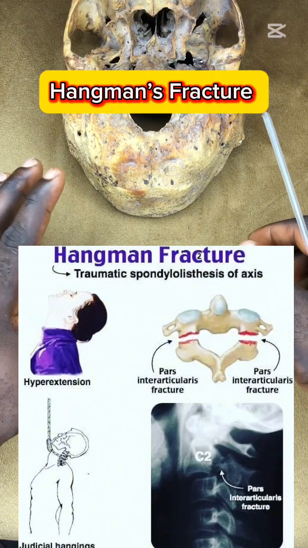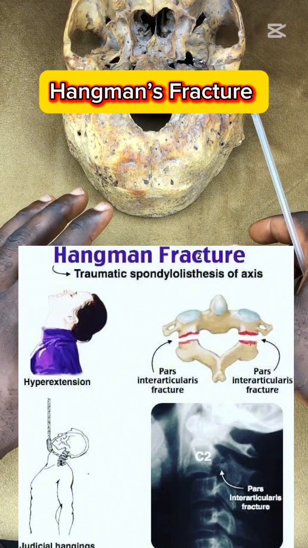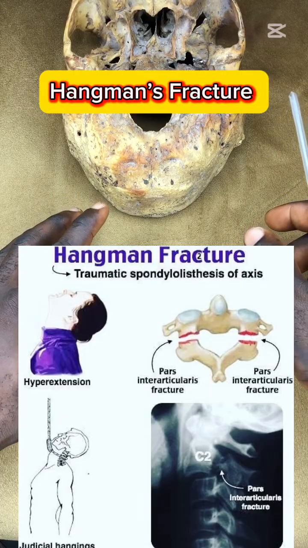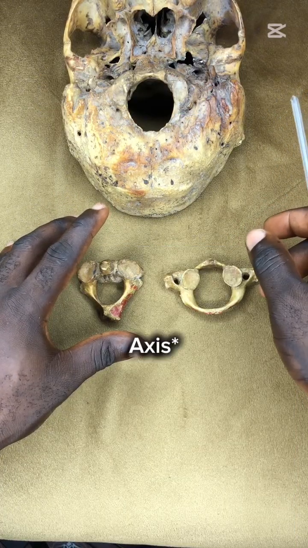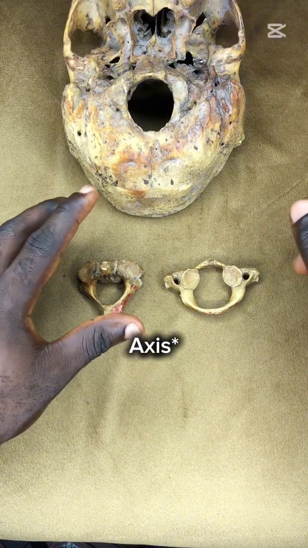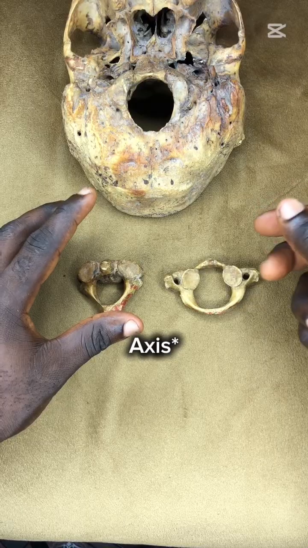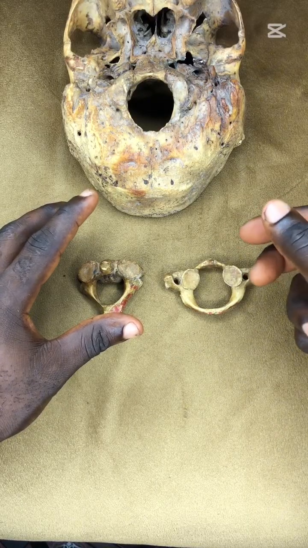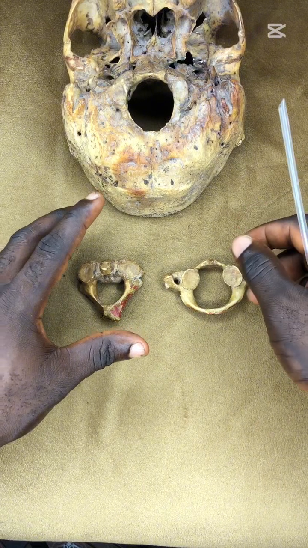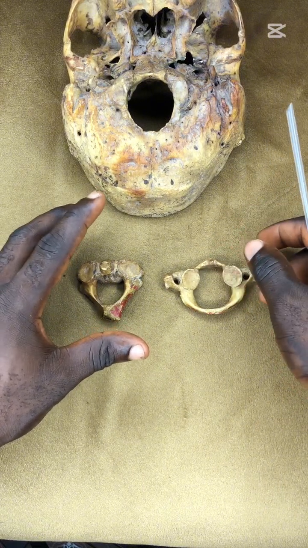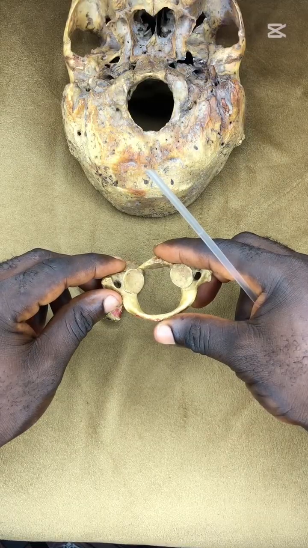The pars interarticularis is a bony column between the superior and inferior articular facet of the axis. It occurs as a result of high velocity hyperextension and dislocation of the head. That is what leads to hangman's fracture. And when there is hangman's fracture, it can lead to lesion to certain structures in the neck region, right?